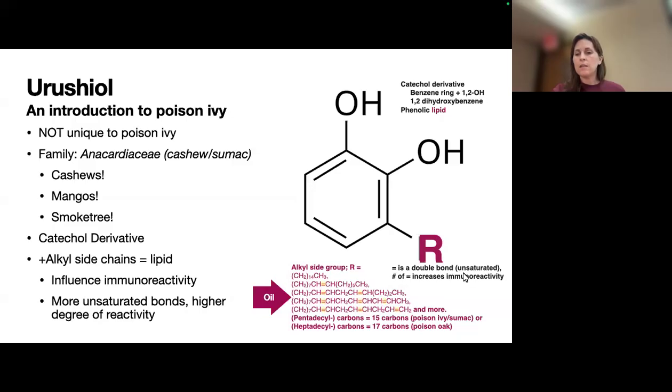And so that would be an unsaturated bond. And the number of these double bonds is what influences the reactivity that a person has based on their exposure. And so the more unsaturated bonds, the higher degree of reactivity. Now, that might seem like a lot, but I want you to put that in the back of your heads because we're going to come back to that at the end of the presentation.